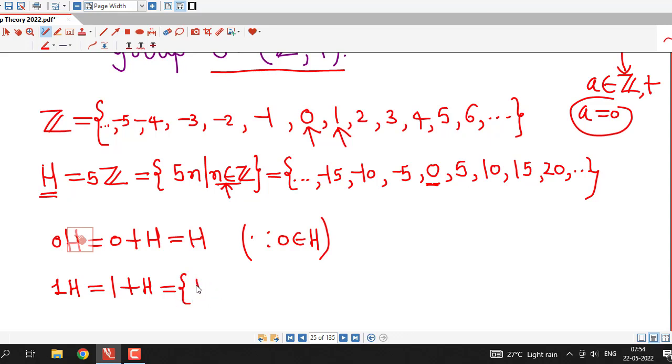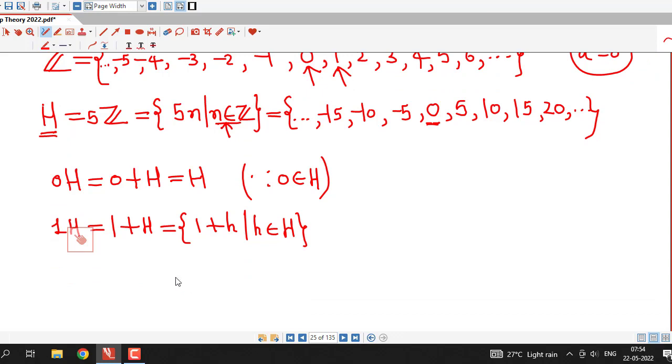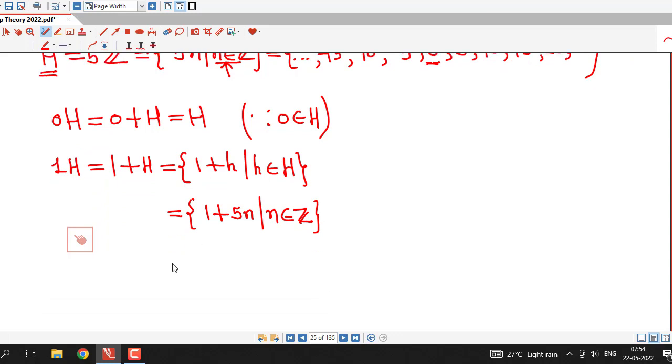By definition we have to collect elements of this type, 1 plus h, where h is a member of subgroup H. Now members of subgroup H are in this form: 1 plus 5n, where n is any integer. So for different values of n, we can write different elements here. Suppose we start with n equal to 0, we will have 0 plus 1, that is 1.